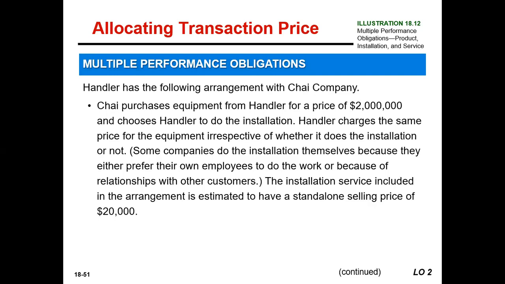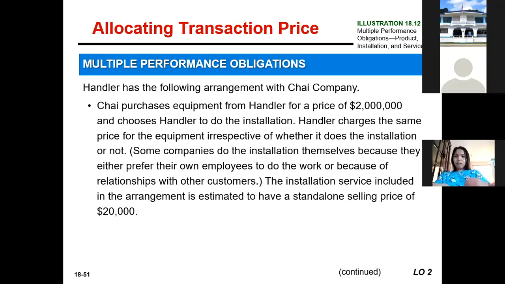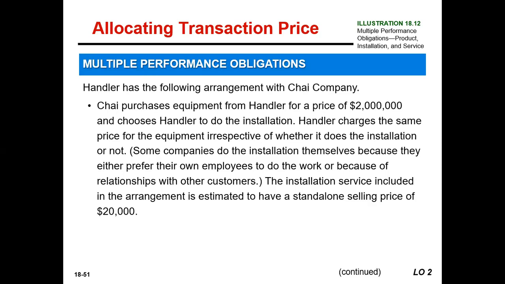Handler charges the same price for the equipment irrespective of whether it does the installation or not. Some companies do the installation themselves because they either prefer their own employees to do the work or because of relationships with other customers. The installation service included in the arrangement is estimated to have a standalone selling price of 20,000.